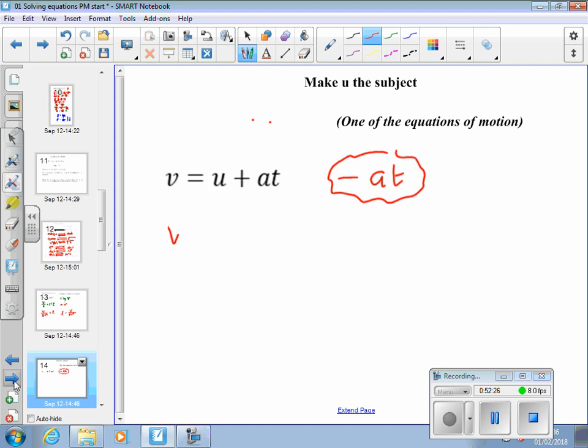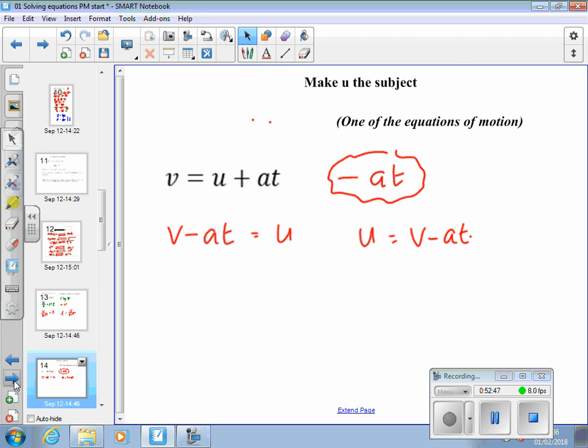So we end up with V minus AT is equal to U. That was an easy one, wasn't it? It's more proper mathematically to write it that way round. If you wrote it that way around in the exam, you're going to get all the marks. It's correct. I'm more pedantic about people making sure they include the units when you've got engineering quantities involved than I am about whether that's in the right order.